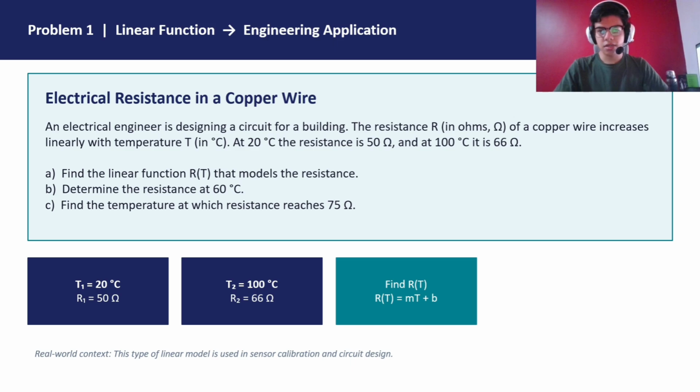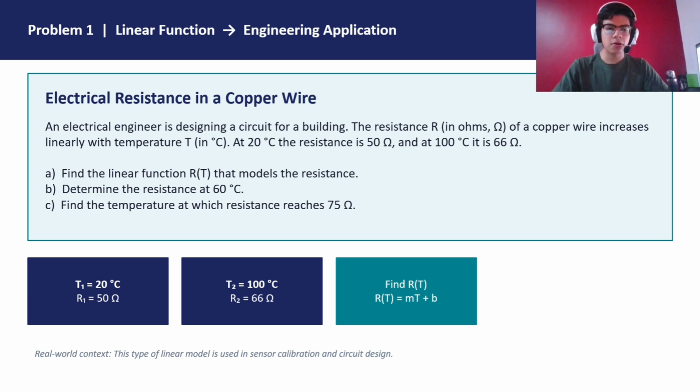The resistance of a copper wire increases linearly with temperature T in degrees Celsius. At 20 Celsius, the resistance is 15 ohms, and at 100 Celsius it is 56 ohms.